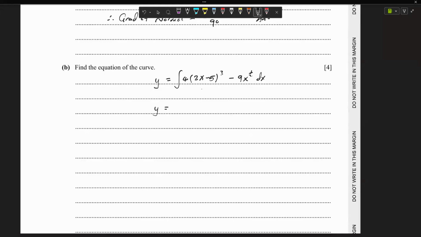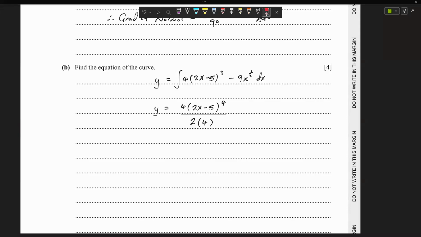So we're saying that y will be equal to, now integrating this will give us 4, open bracket, 2x minus 5 to the power of 3 plus 1, which is a 4. And that's over, then here we take the 2 from inside here, and we multiply that by 4. So that's how we do it, all right?